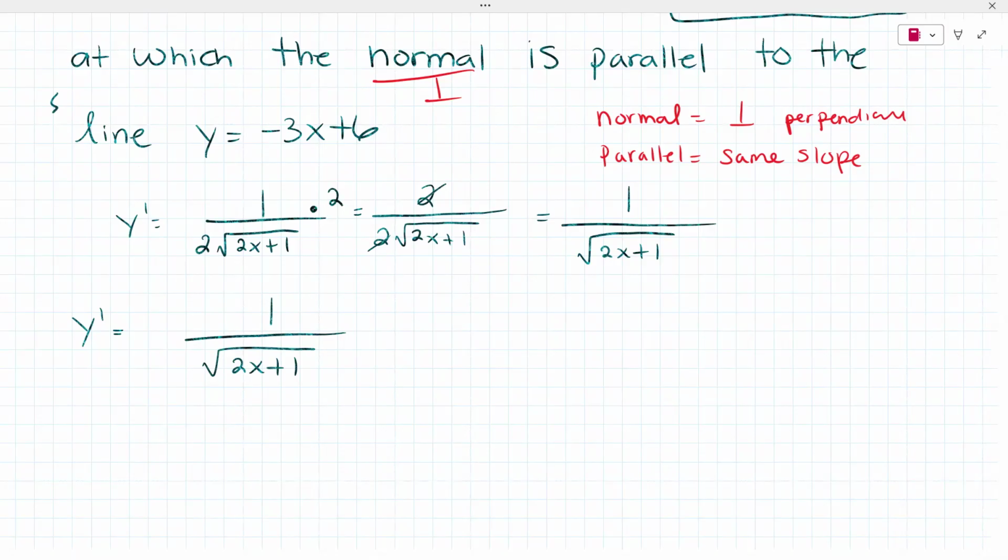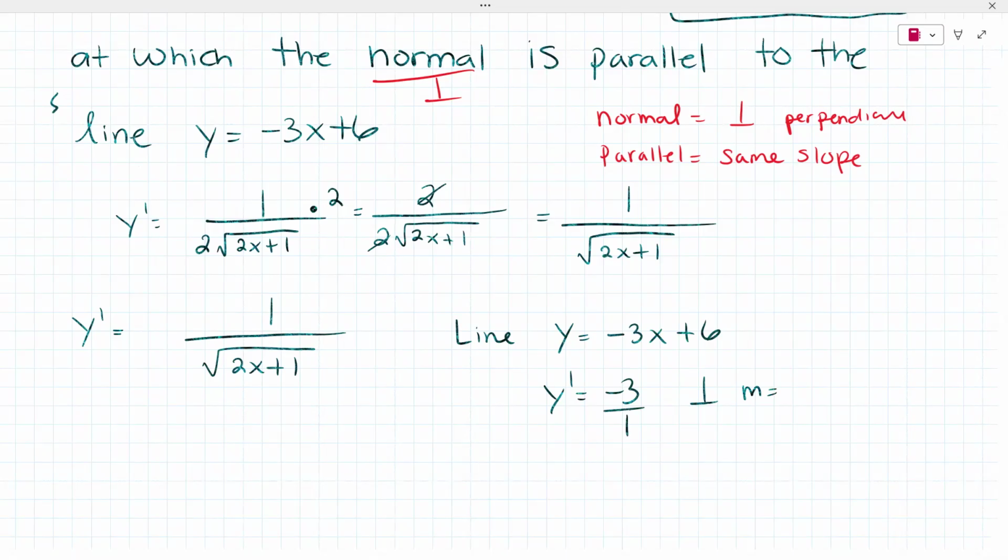Okay, so y prime is that, and then our other line is y equals negative 3x plus 6. And what is the derivative of this? That's negative 3. So the slope that's perpendicular to negative 3 is the negative reciprocal. So this is negative 3 over 1.